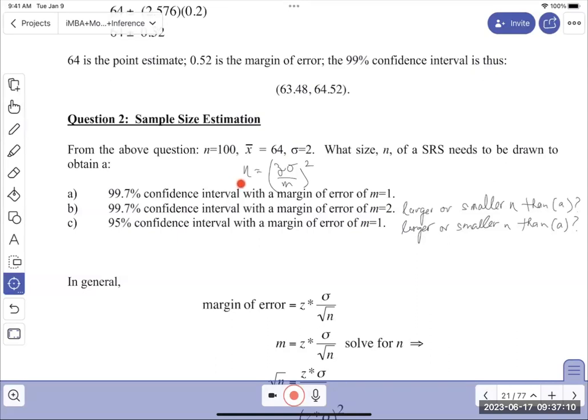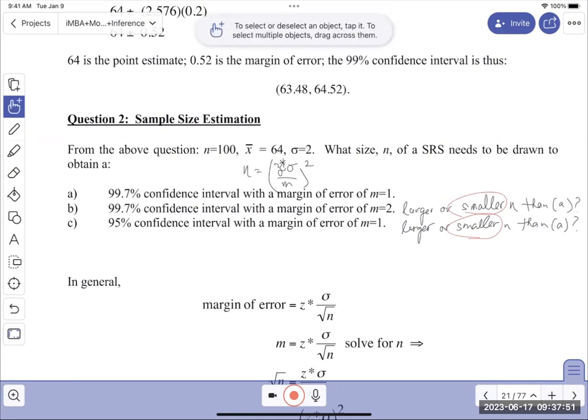Not larger. m is the same. All I've changed is the Z star. And I've made Z go down. So it's going to be a smaller number of standard deviations, so n is going to be smaller. In both cases, less precision or less confidence means a smaller sample size. You don't have to be so rigorous.